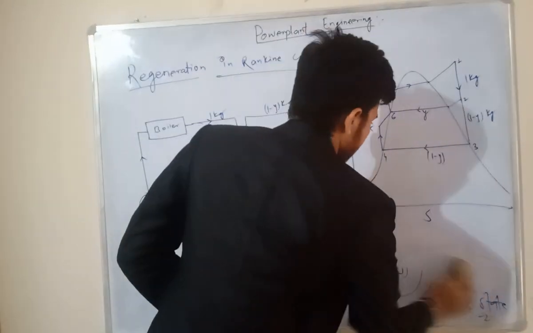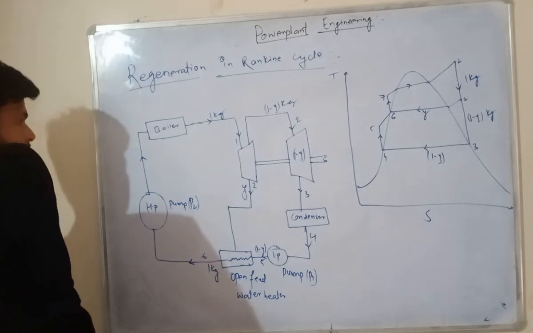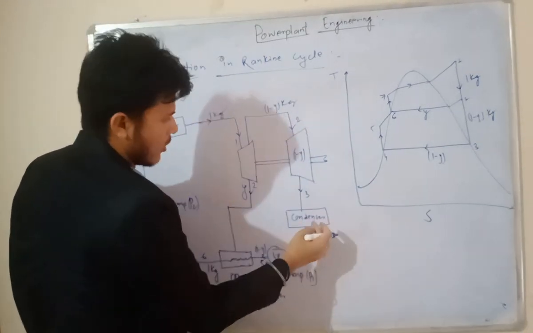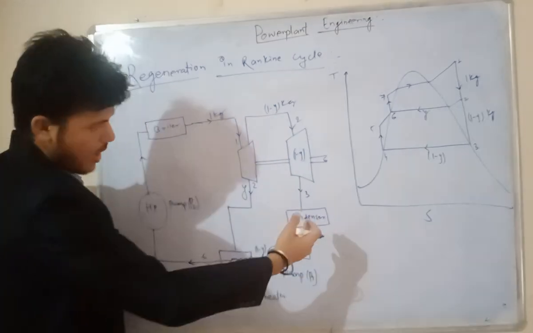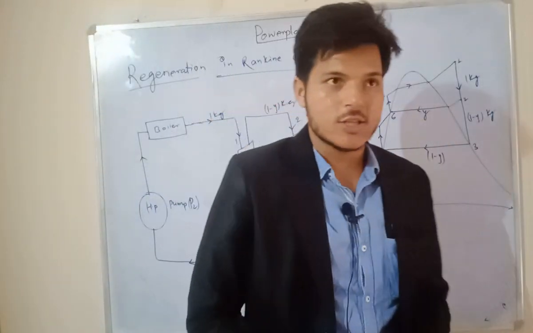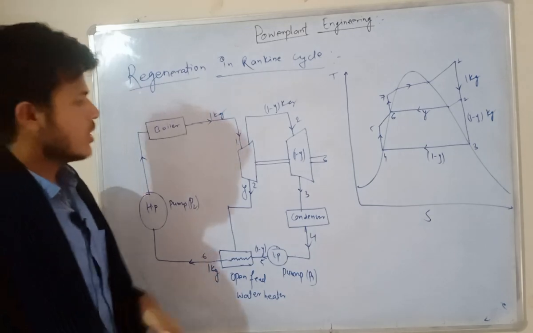After expansion, the 1 minus y kg of steam is condensed in the condenser. As you know, the function of the condenser is rejection of heat from the steam and converting it into liquid.